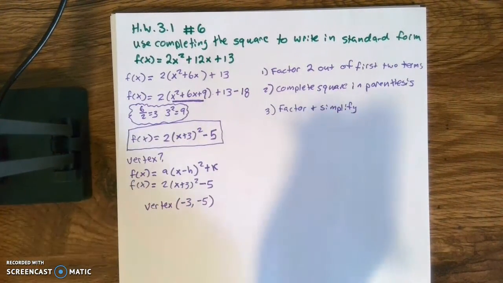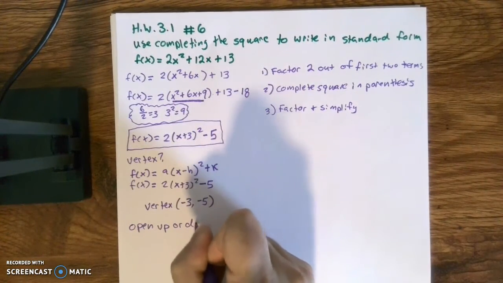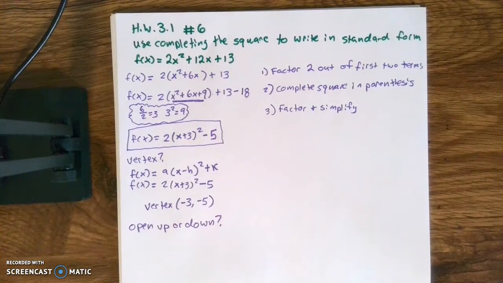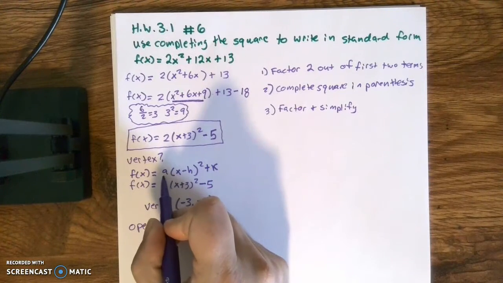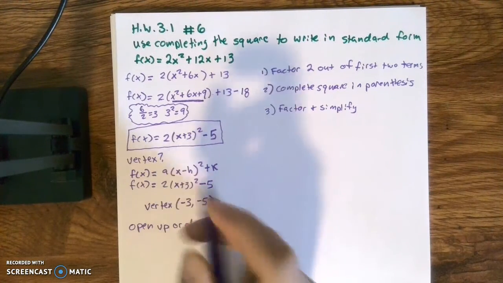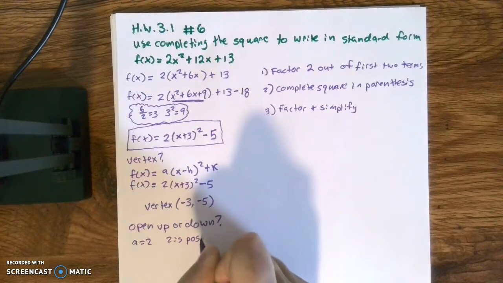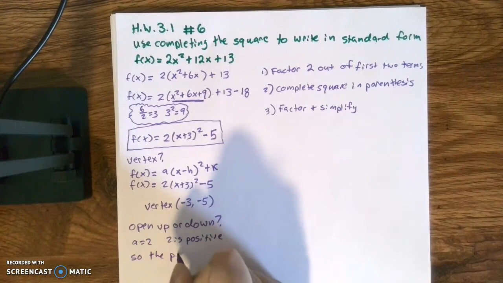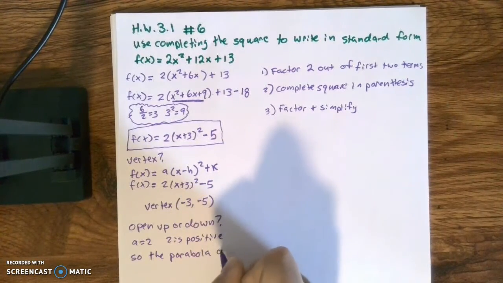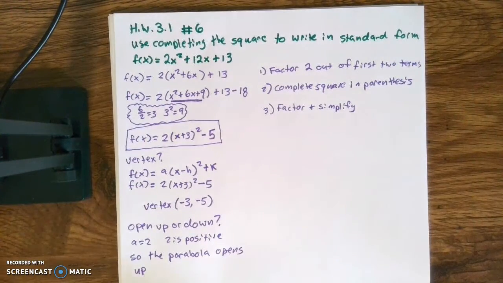Okay? Then we want to know, is this opening up or down? All right, so a is positive. Remember, a is this value here, which in our case is 2. So a equals 2, and 2 is positive, so the parabola opens up.